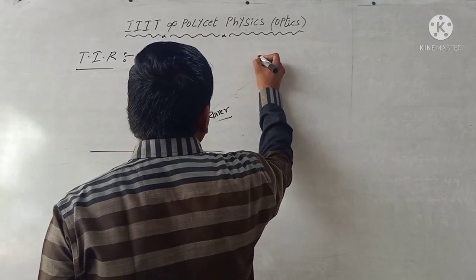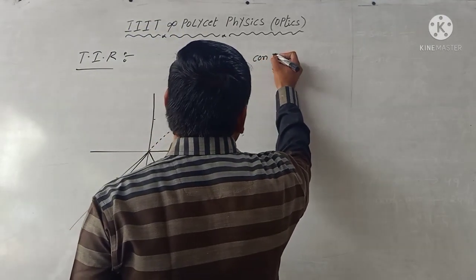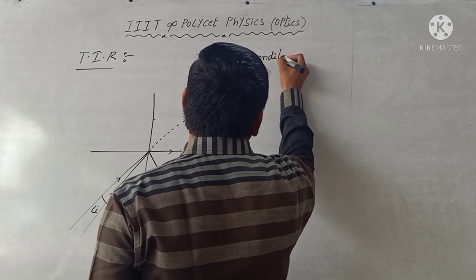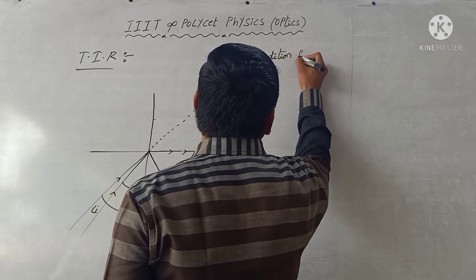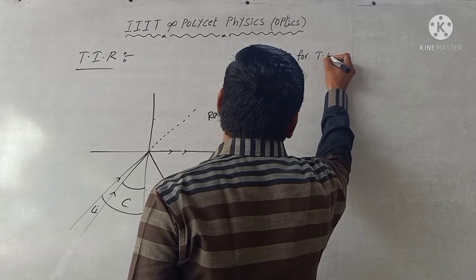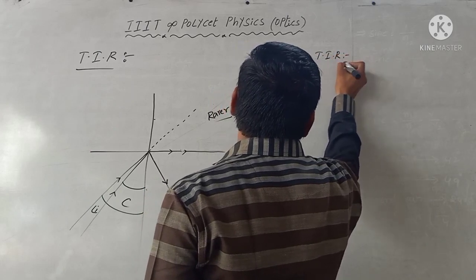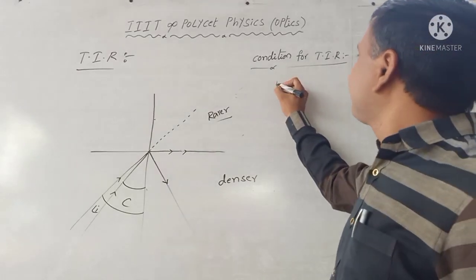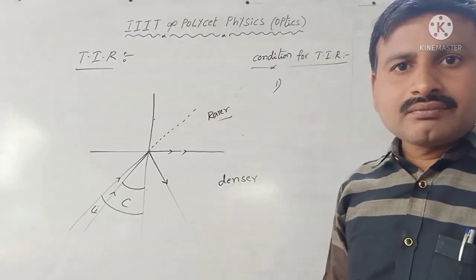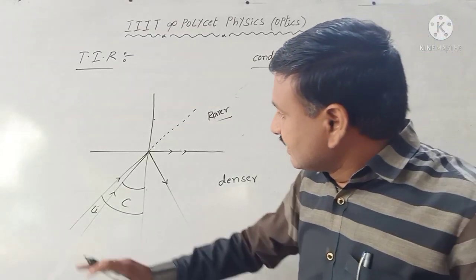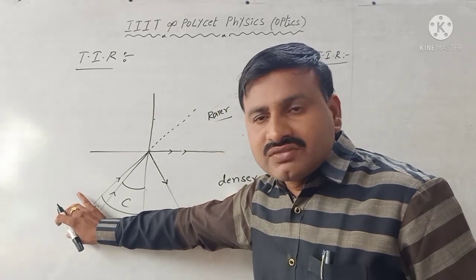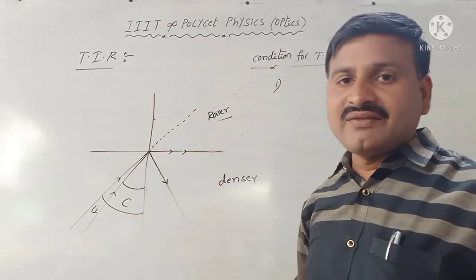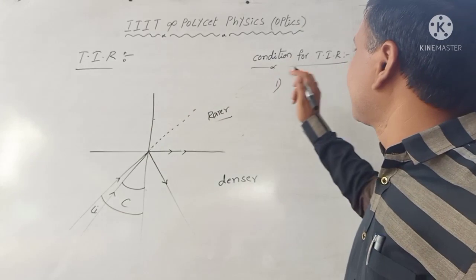So, the conditions for TIR. TIR is formed based on two conditions. The first condition is that the light rays must be traveling from denser to rarer medium.